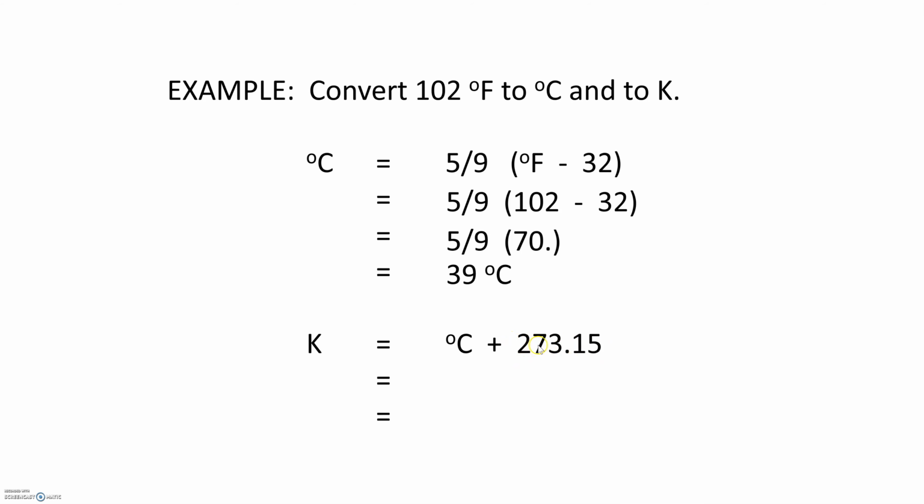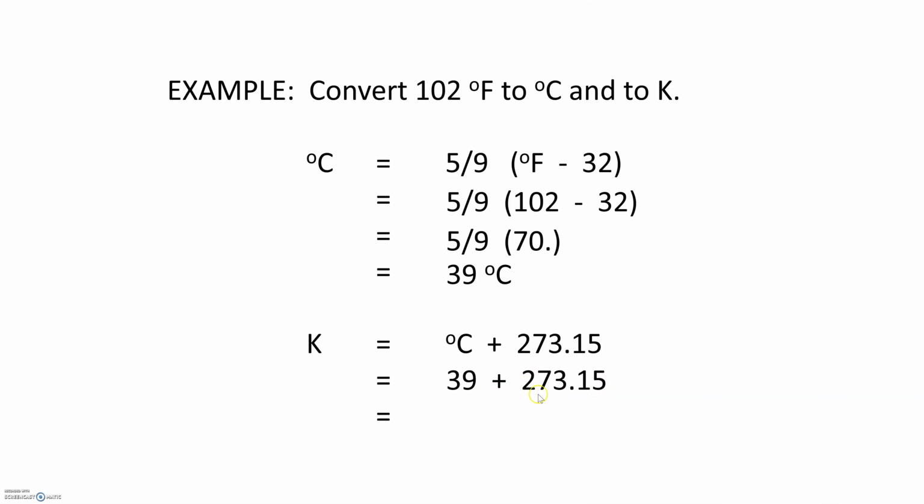Okay, so let's take our 39 degrees Celsius and pop it into our equation here and take a look at what's going on. In this case, we're just adding. There's going to be no multiplying. So we have to remember our rules is to look at the number of decimal places, or the position of where the last significant digit is. So for our 39, the last significant digit is this 9 here. It's in the no decimal place position.